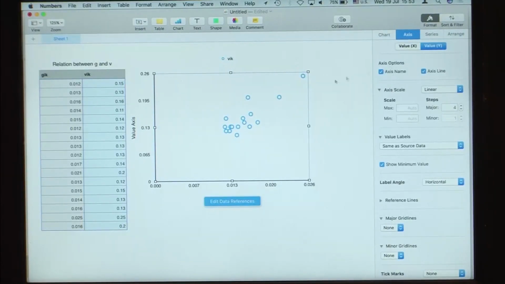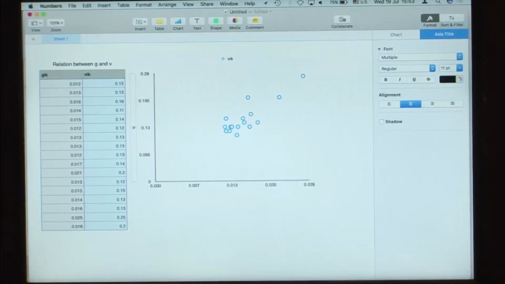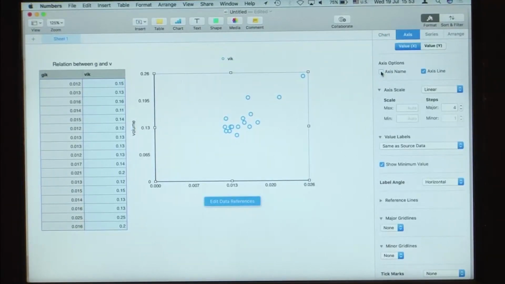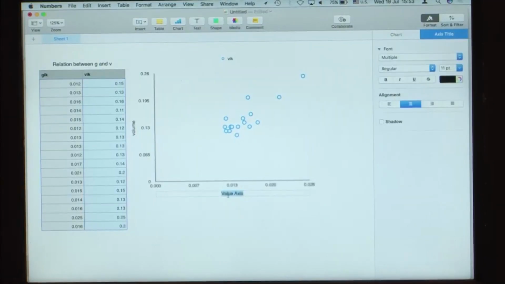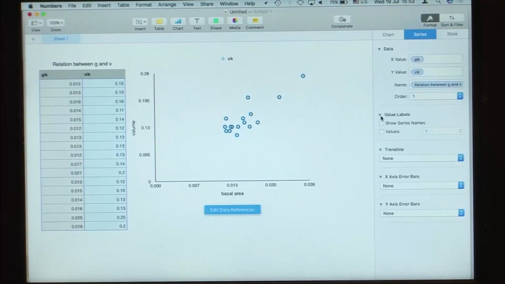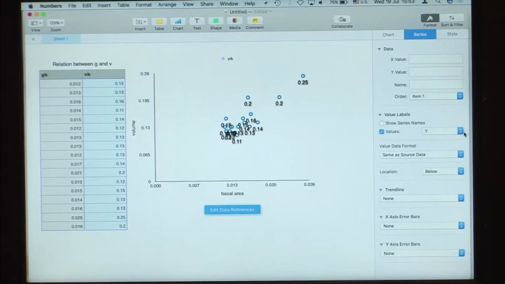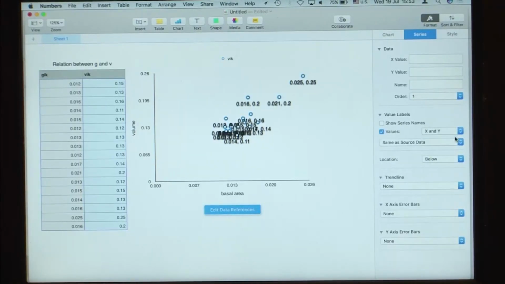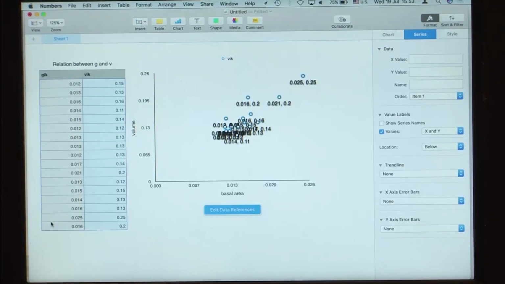Now here we have the volume and here we have the basal area, and all these locations are telling us the values. For instance, if we looked at this value, this says 0.025 and 0.025.